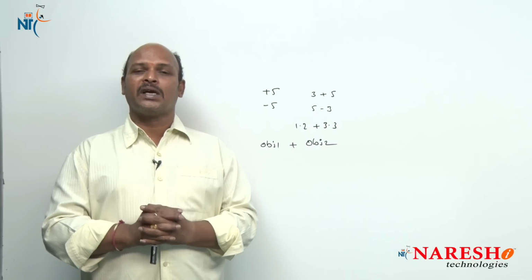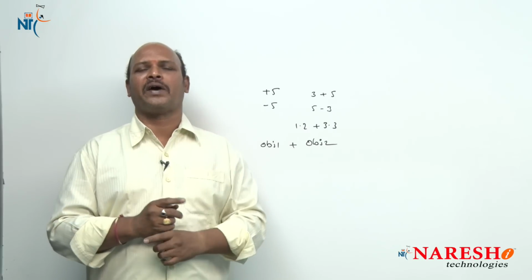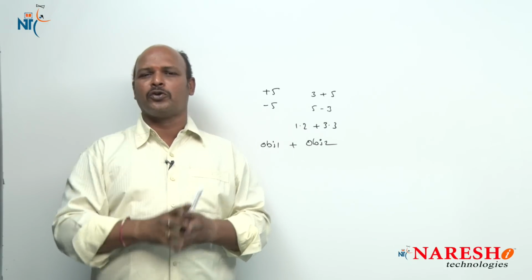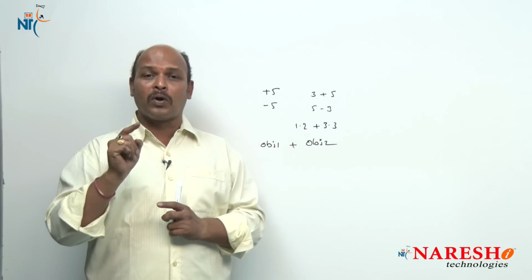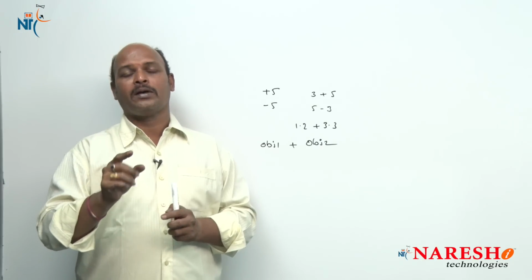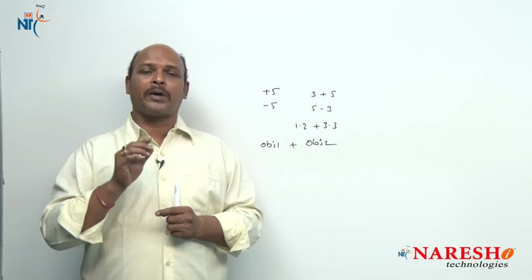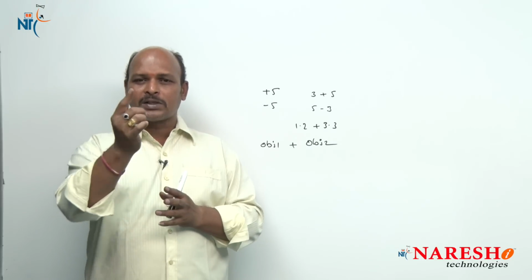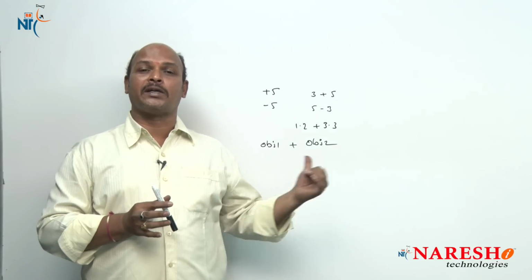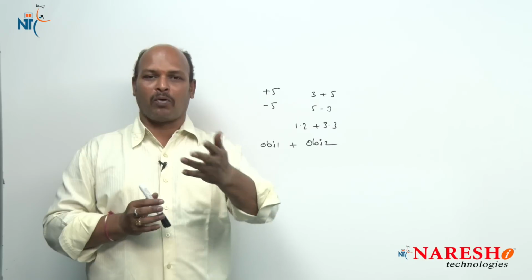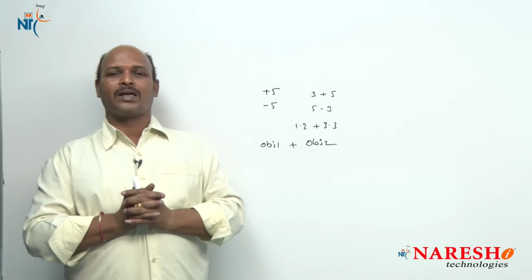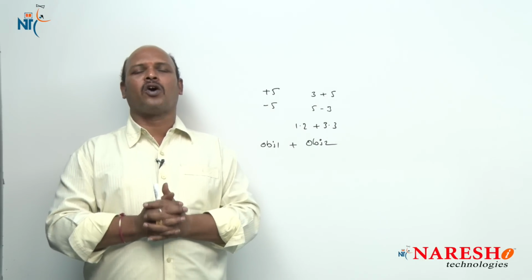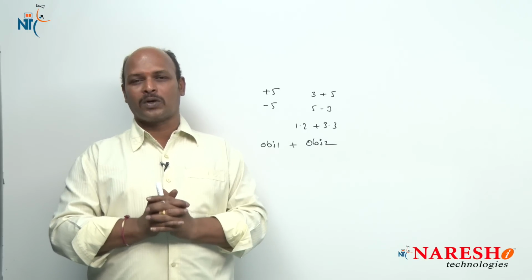That means at least one user defined data type you have to use in the operator overloading concept. That is why the important rule is that at least one user defined data type you have to provide.